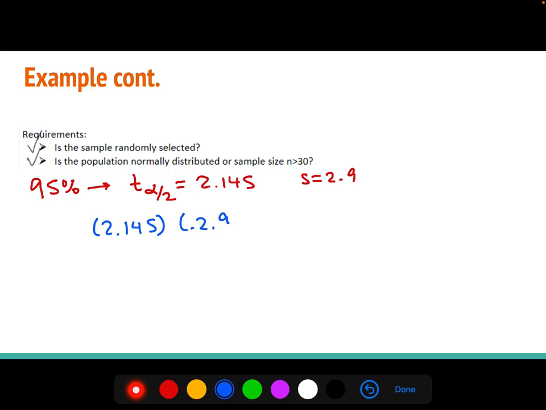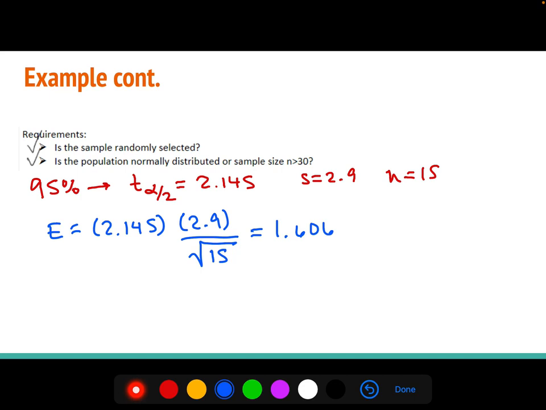So times 2.9, over the square root of n. n is our sample size, which was 15. And remember, this is our error. Pop all that in the calculator, we get 1.606.